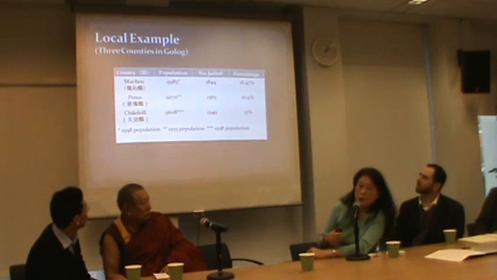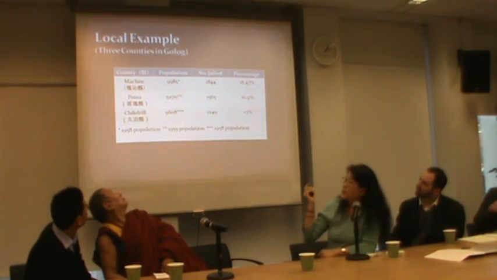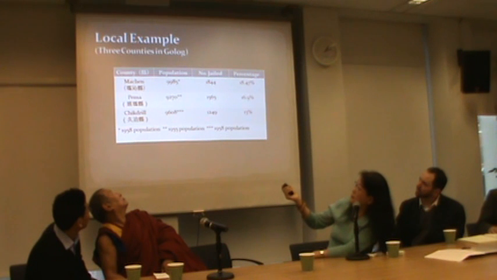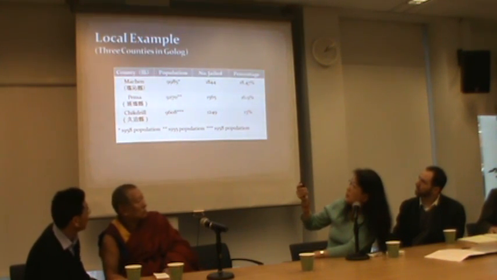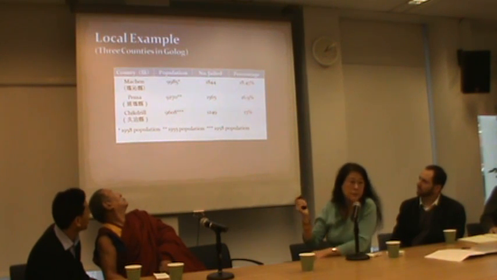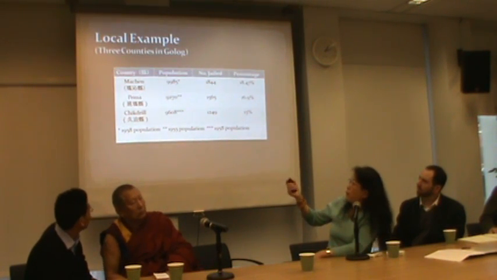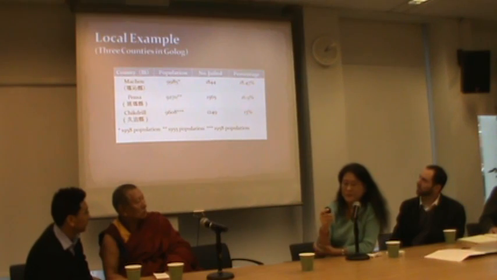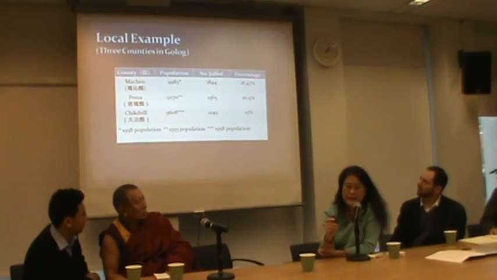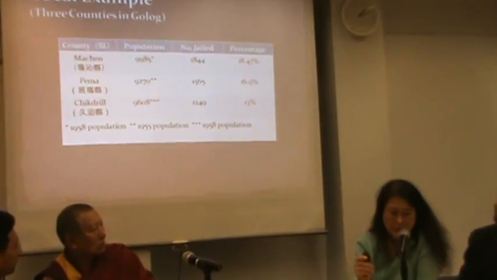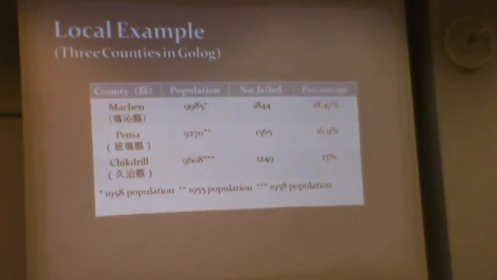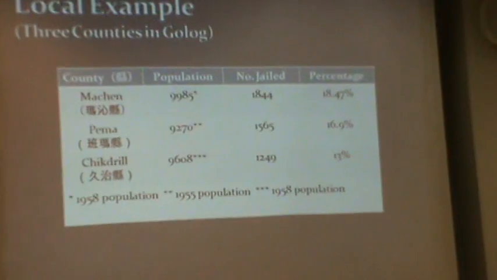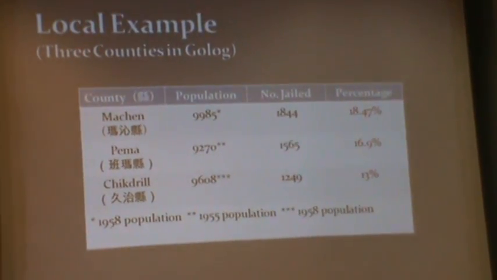When we get to the local level, what does that mean? These numbers come from 3 counties in Golog. When you see a general picture, let's say about 10% or 15% of one prefecture. But when you come to the local level, it's much higher.